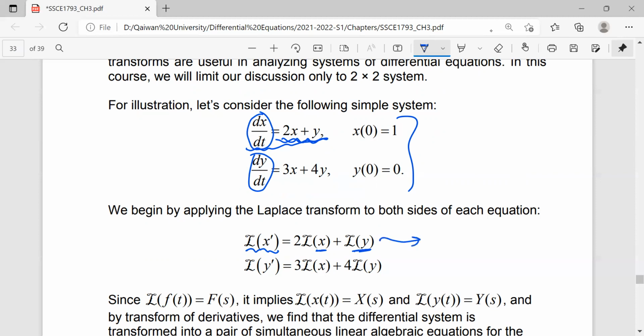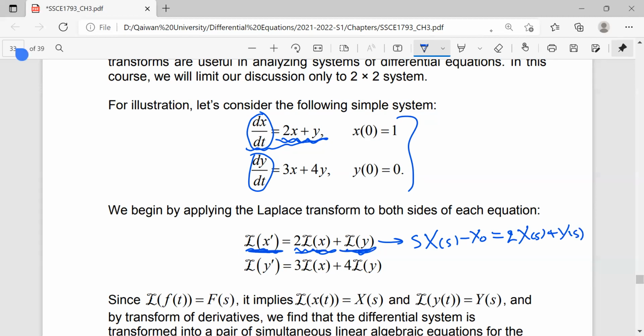Here, the Laplace transform of x prime becomes s X of s minus x naught, or x of 0, and this equals 2 times the Laplace transform of x plus the Laplace transform of y. That is 2 X of s plus Y of s, where the Laplace transform of y is Y of s.